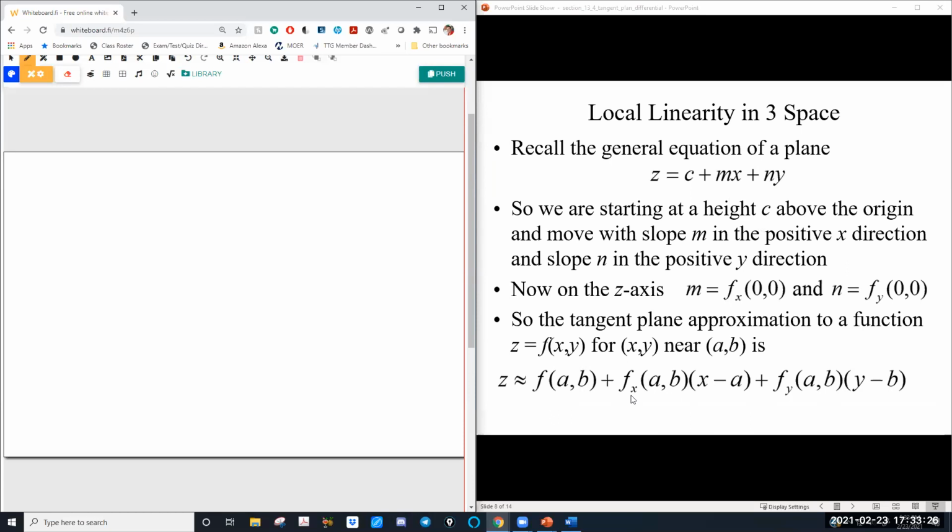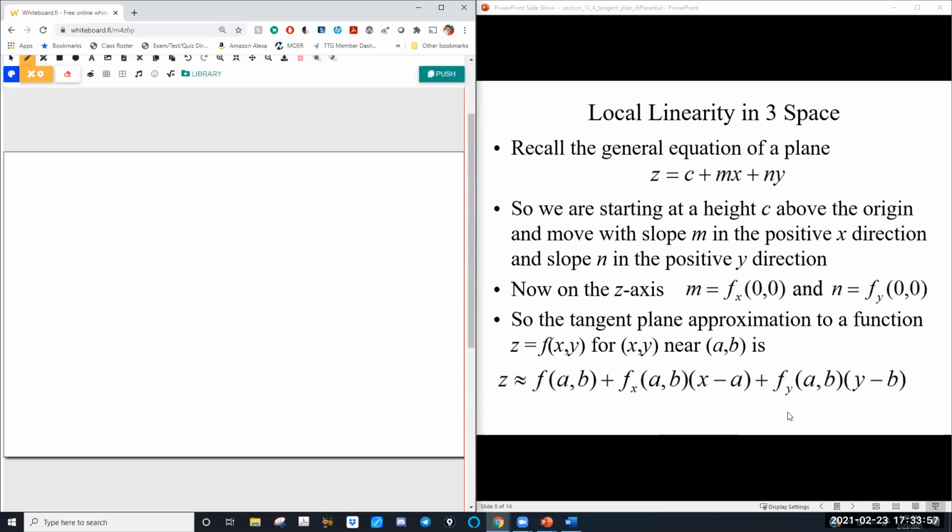And that is because we have a slope in the x direction and a slope in the y direction. So this will give us the formula for any tangent plane at the point (a, b). All right, so what we would do is we'd find our partials, f sub x and f sub y, input our point (a, b), that would give us our m and our n, and then we can build our tangent plane.